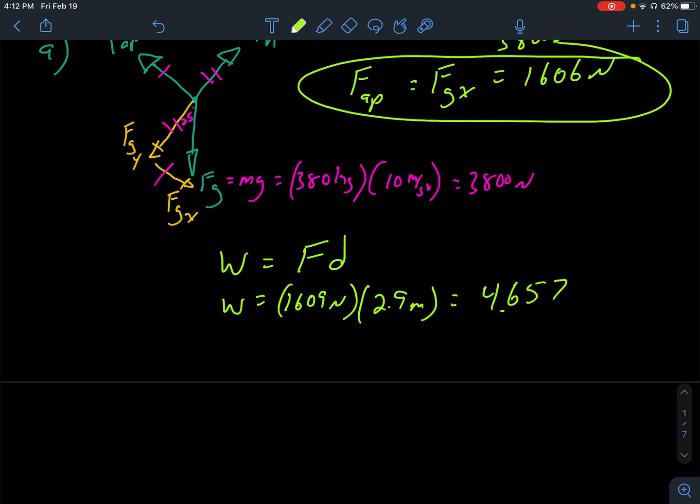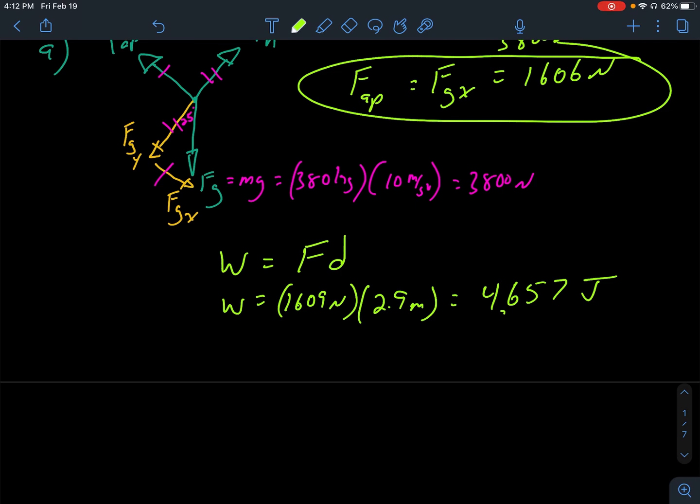We'll call it that, and that's going to be joules, because a newton times a meter is known as a joule. So now let's look in terms of the man versus the component of gravity doing the work.